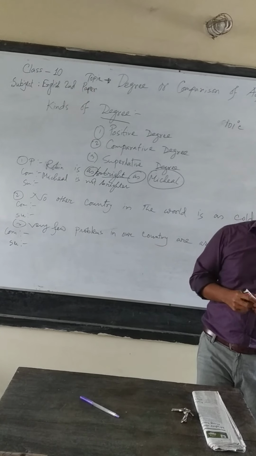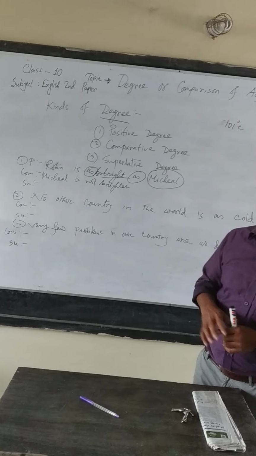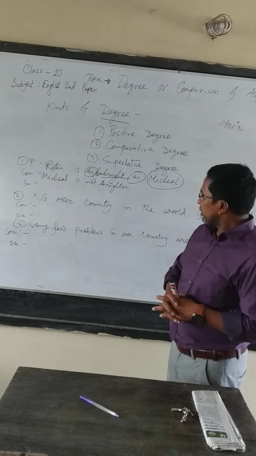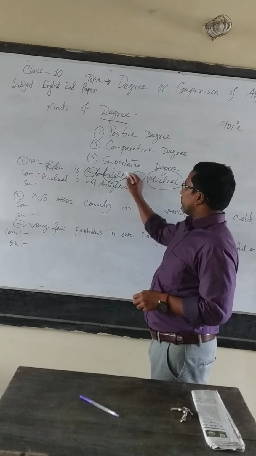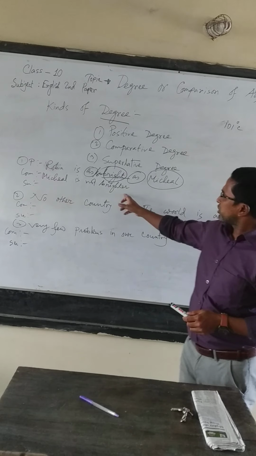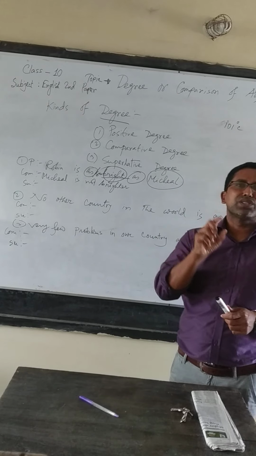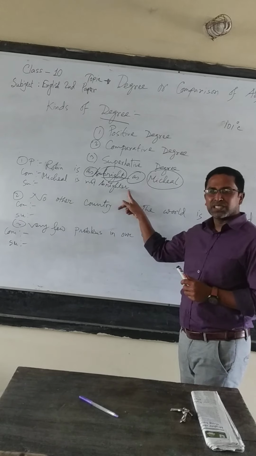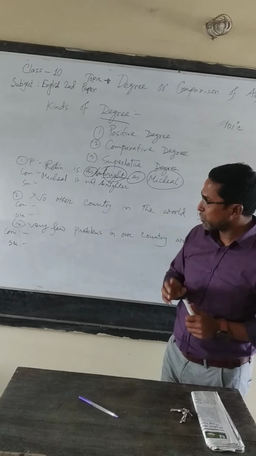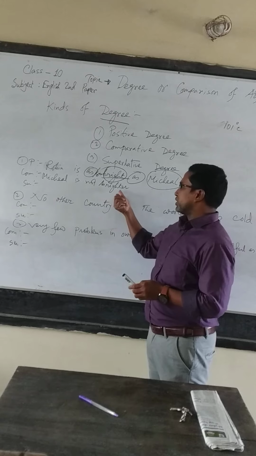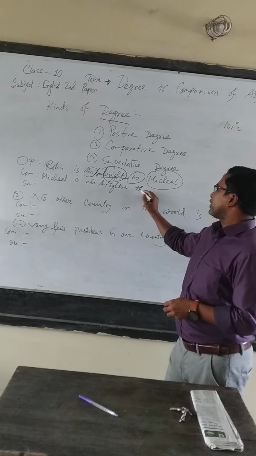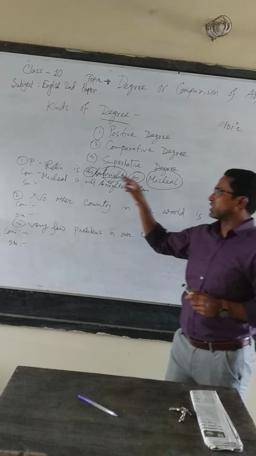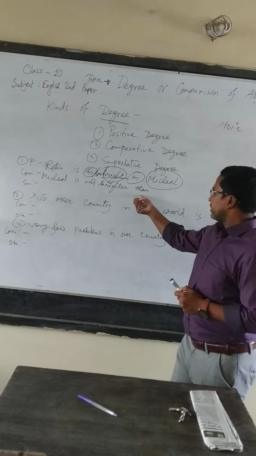Dear students, in my last class I told you how to change the form of adjective according to rules. Bright consists of one syllable. Whenever we turn such a word into comparative form, we have to add -er at the end of the adjective. So bright has been turned into brighter. Then in case of comparative degree, we have to take the help of than.